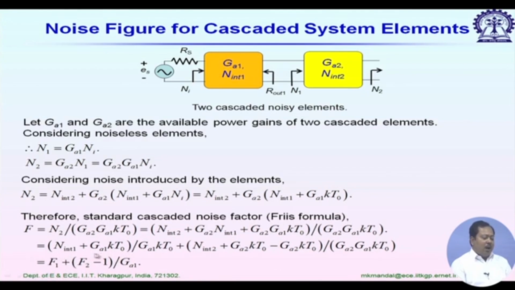For all other components it is divided by the gain of the preceding components. So that's why whenever we use an amplifier, it should be a low noise amplifier just immediately after the antenna to decrease the overall noise figure of the receiver.